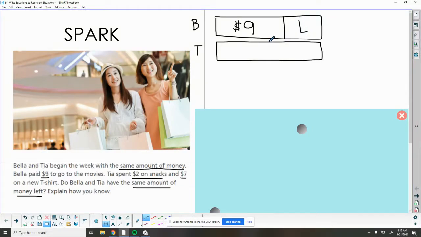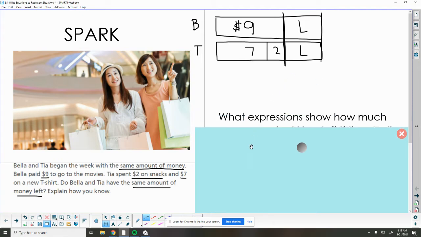So I know that Tia spent $2 on snacks and $7 on a new t-shirt, and 2 plus 7 is 9. So I can see they spent the same amount of money. I can see they also have the same amount of money left because they started with the same amount.